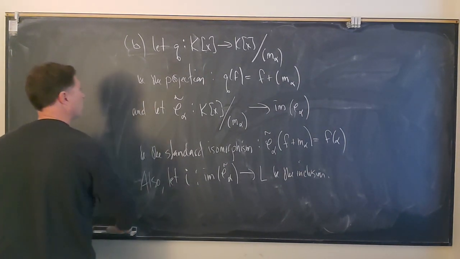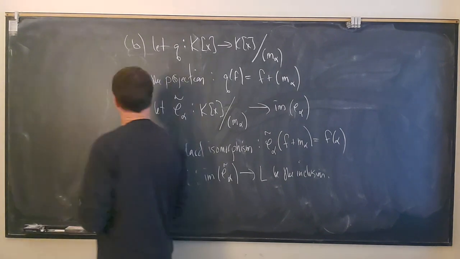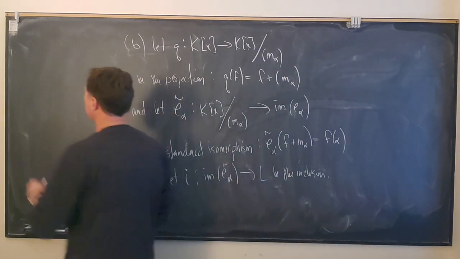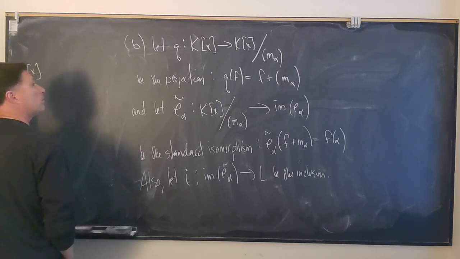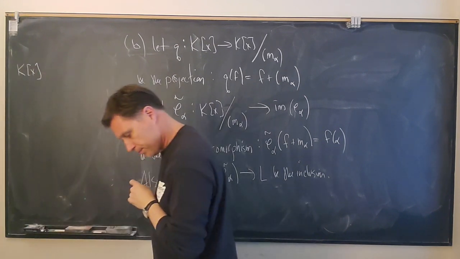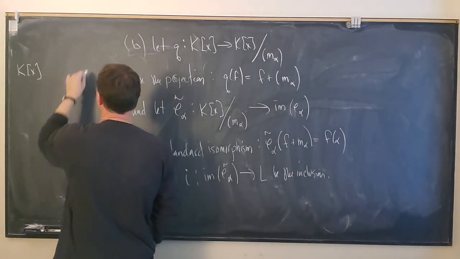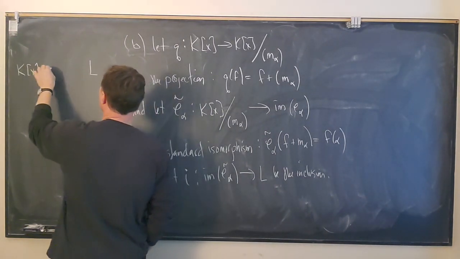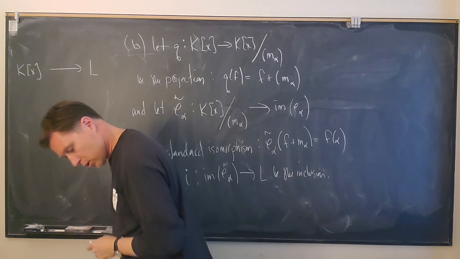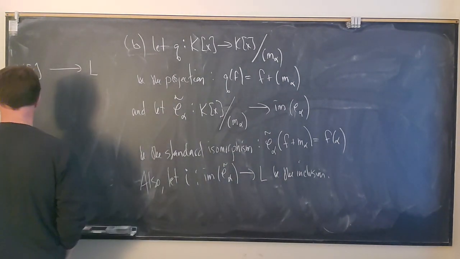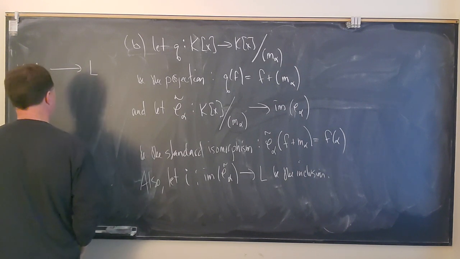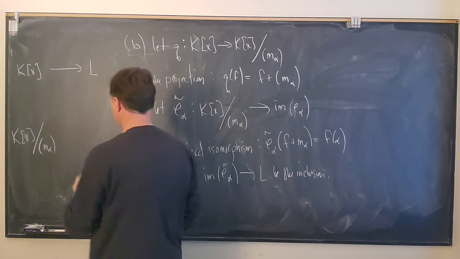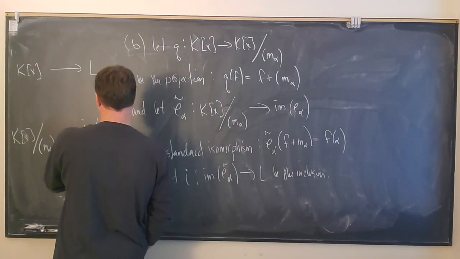It'll help us keep our heads straight. So let's see, I want to have K bracket x and let's have L over here. Down below, we're going to have the quotient, so this will be K bracket x mod the ideal generated by m sub alpha. And then over here, I want to have the image of E sub alpha.